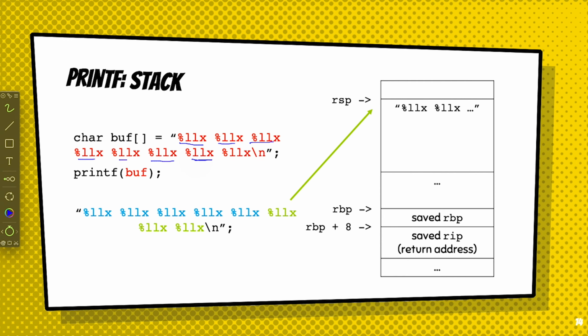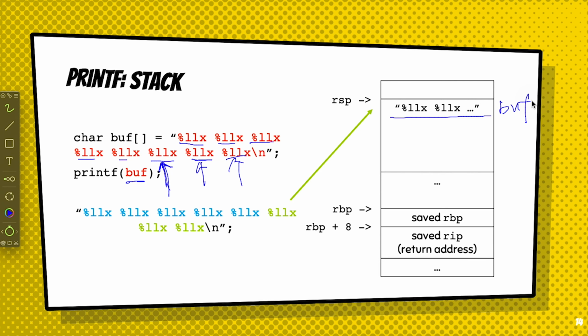Starting from the 6th argument, since buff is the first argument, printf is going to look up the stack and get the value over there. In this case, the bottom of the stack is what we are storing for the argument buff.